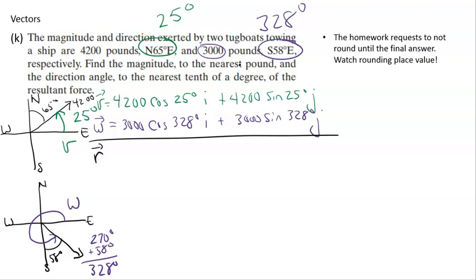But I'm going to tell you the truth about this do not round until the final answer business. I struggled to get all this mess typed in my calculator without rounding. Because remember, the final answer isn't this resultant vector right here. The final answer is the magnitude and the direction angle.